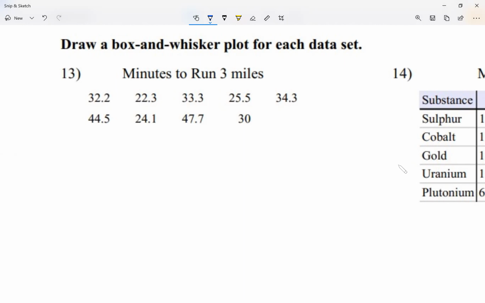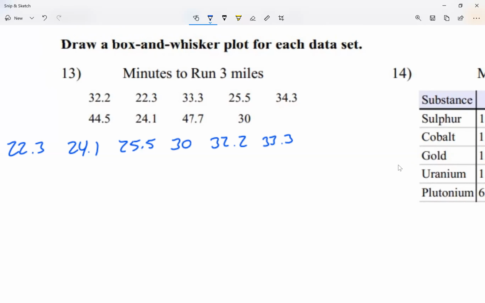So I'm going to write this: 22.3, 24.1, 25.5, 30, 32.2, 33.3, 34.3, and then let's see, 44.5, and lastly 47.7.